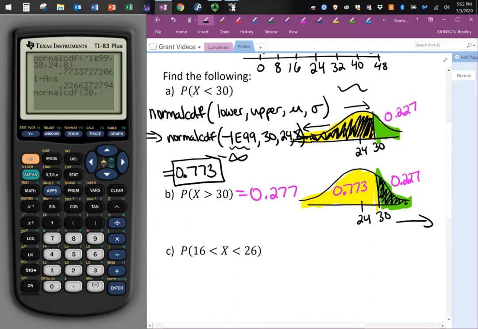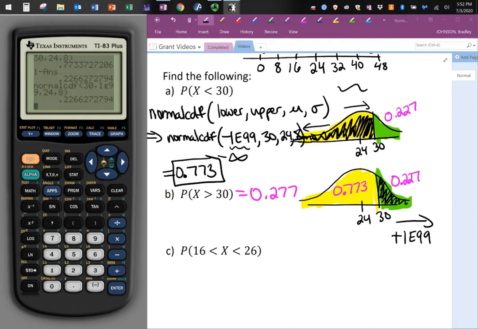Well, that right direction is the positive direction, so I could do +1 E99, and that's really, thinking about our scientific notation again, just going towards positive infinity. So I put that, then comma, and then I can place 24, comma, 8 for mu and sigma, and when you hit enter, well, look at that, you do get the identical answer that you looked at before.